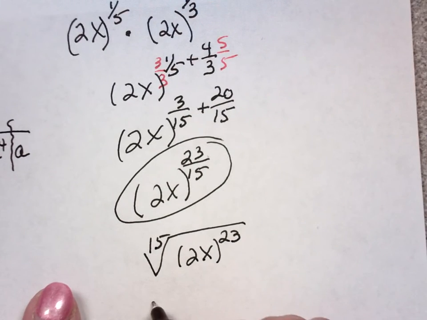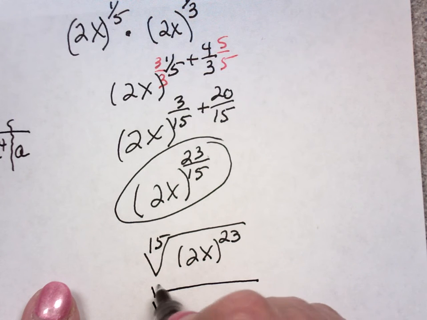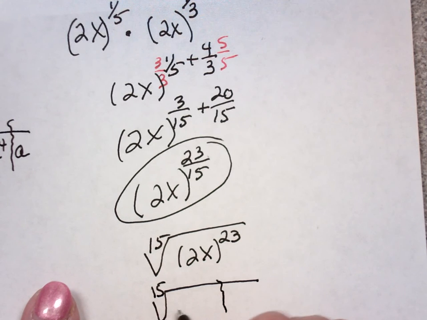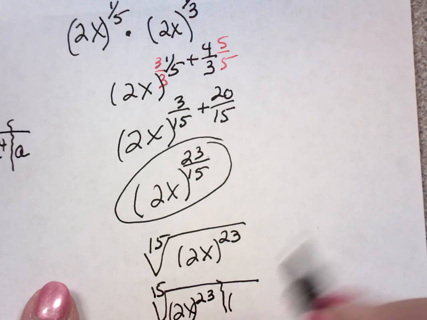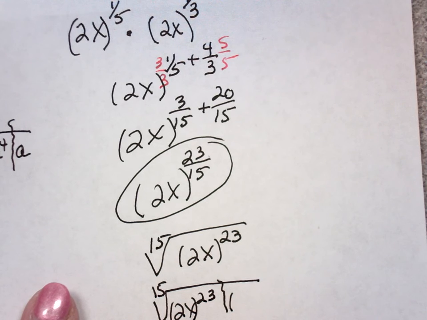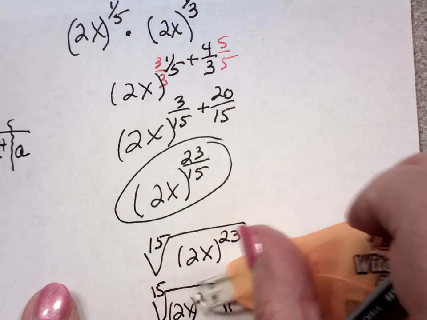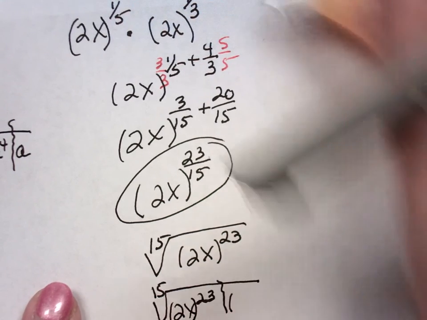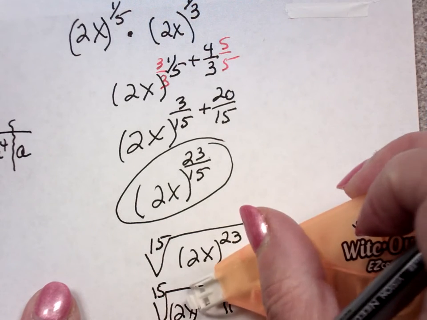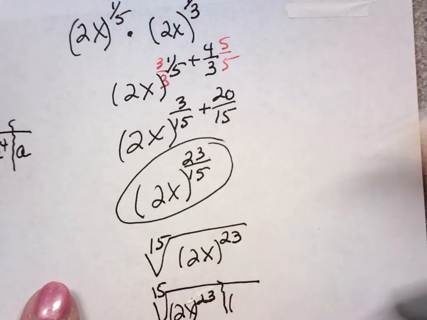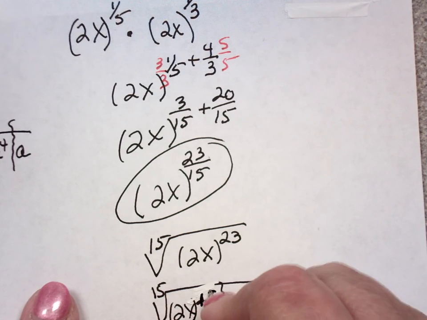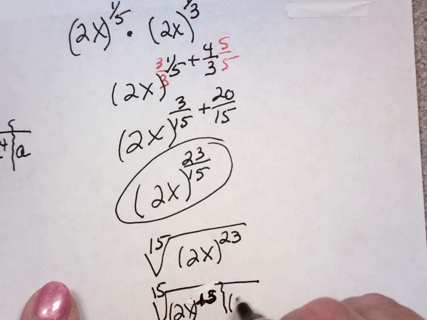Well, it is not 23rd, what is it? It's 15. And then a 2x to the 8.